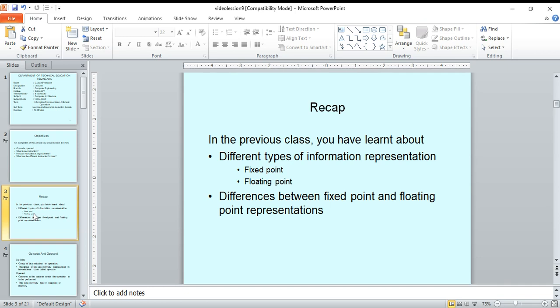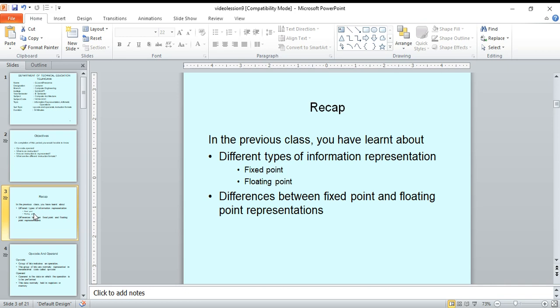There are so many differences between the binary fixed point representation and floating point representation. In the floating point representation, we should use two registers. In the fixed point representation, we need only one register to store the data.